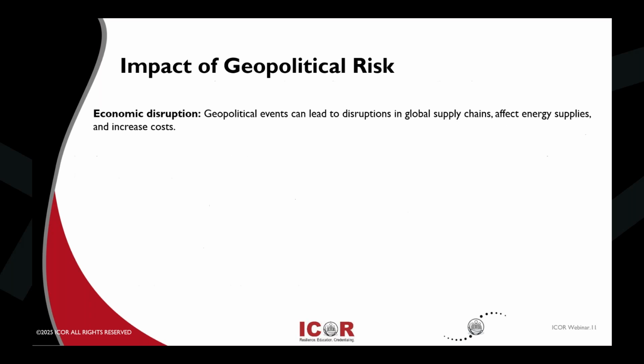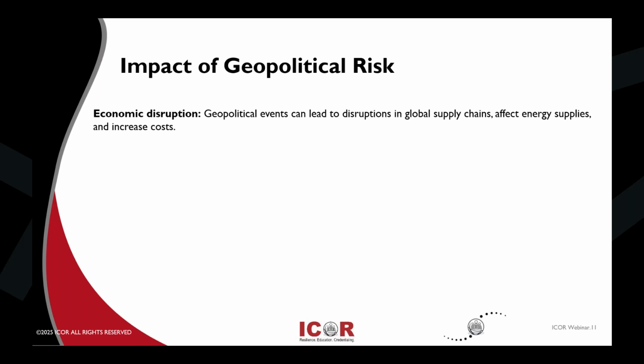So what are some of the impacts? I'm going to use some business continuity language because I know that many of you are in the business continuity space. We're seeing that geopolitical risk can cause economic disruption. Again, disruptions in your supply chains. Most of you have to deal with supply chains of some kind. It can affect energy supplies, and we'll talk more about that. And of course, increased costs.